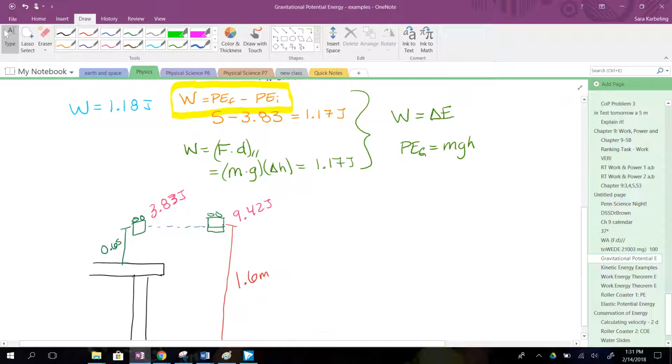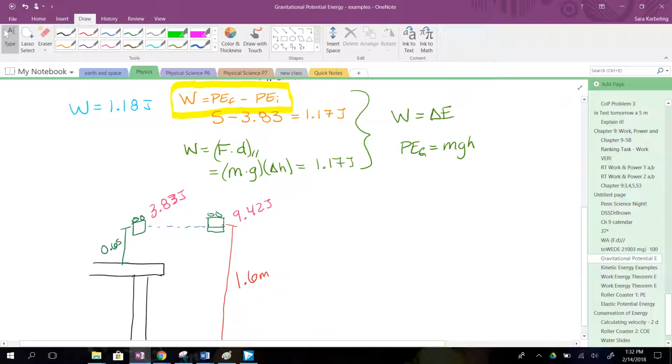It's perpendicular. I'm applying a force this way and changing distance this way. So did I do work? No work has been done. It's just like Janelle with her pizza, right? No work is being done when I walk it across.